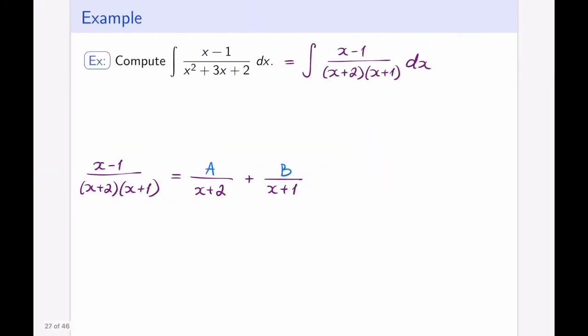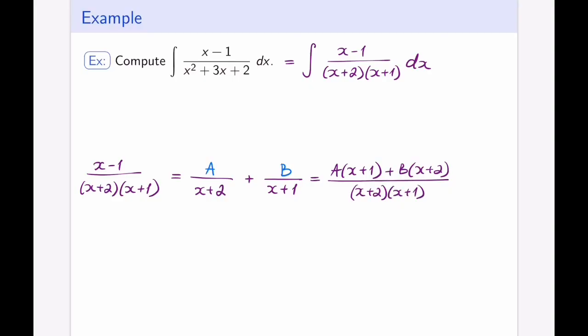So let's assume that you were good students and actually did what was asked. Here, once we bring everything together, what we're going to end up with is, well, I suppose I don't have to skip too many steps, a times (x plus 1) plus b times (x plus 2) all over the common denominator (x plus 2) times (x plus 1).